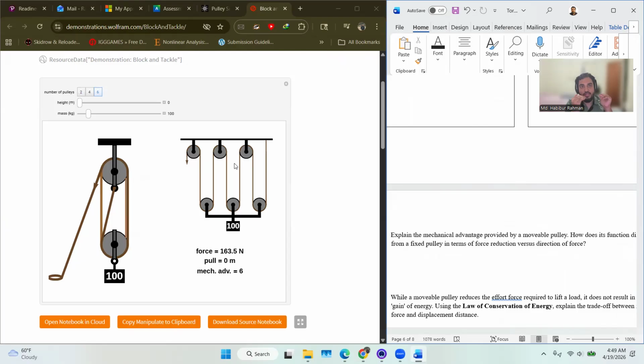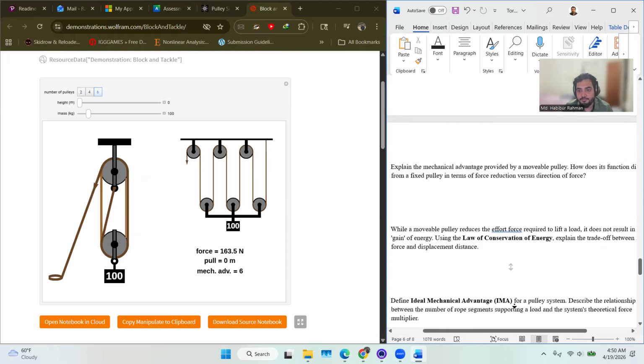We have to pull each rope with the moving pulley twice. And this one is supposed to change the distance by 1 meter. If you want to lift this 100 kg object 1 meter, then you have to change this rope 1 meter, this rope 1 meter, this rope 1 meter, this rope 1 meter, this rope 1 meter. So total will be 8 meters.